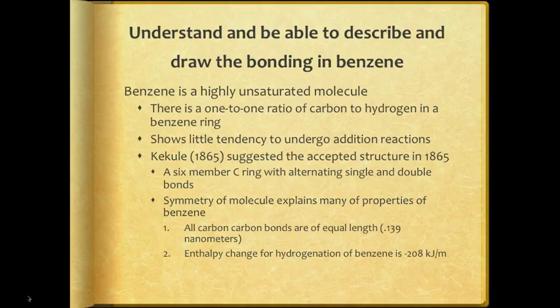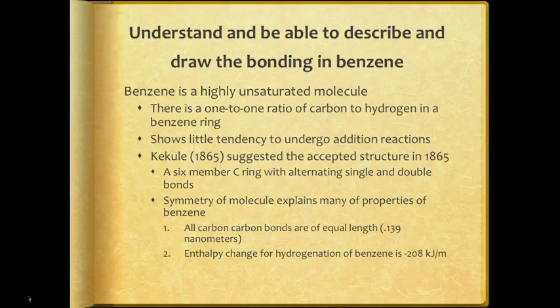A man by the name of Kekulé in 1865 suggested the structure of a 6-member carbon ring with alternating single and double bonds. This symmetry seems to explain many, but not all, of the properties of benzene.